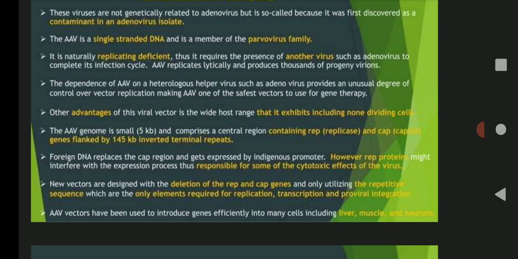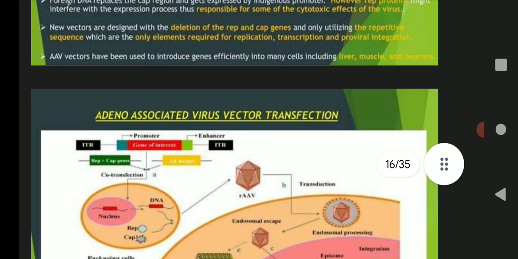The new vectors are designed by deleting the rep genes as well as the cap genes. The rep and cap sequences are removed, and this is responsible for the development of the recombinant virus.